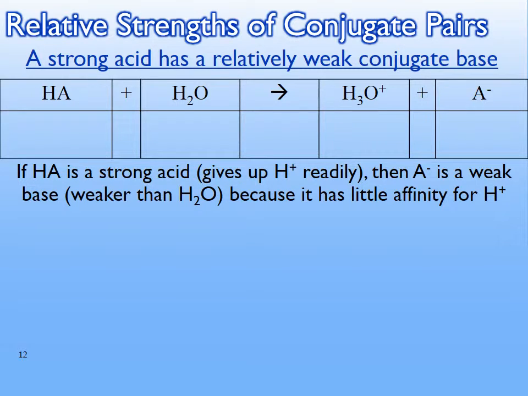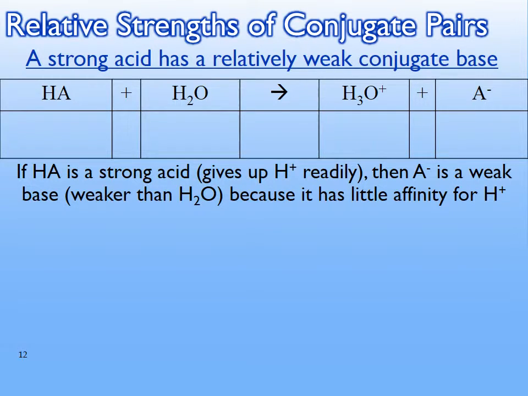Consequently, it must mean that the conjugate base, the A-, must be a really weak base, weaker than water, because it must have little affinity for hydrogen ions. Otherwise, the HA would not be completely dissociated into ions. Otherwise, there would be some molecular HA still sticking around. Hope this makes sense. If it doesn't, just stick with me. It'll make more sense as we go on in our discussion.